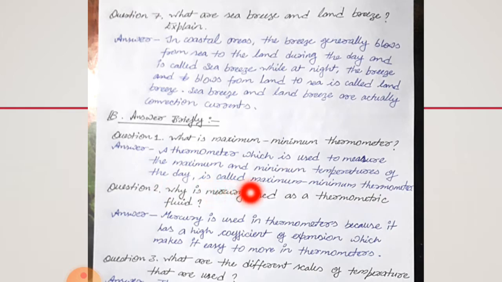Why is mercury used as a thermometric fluid? So its answer, mercury is used in thermometers because it has a high coefficient of expansion, which makes it easy to move in thermometers.